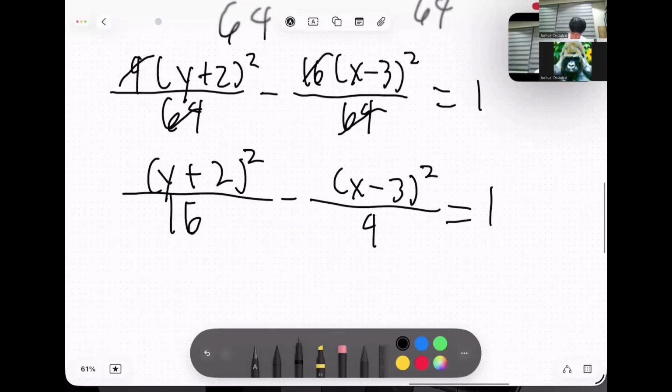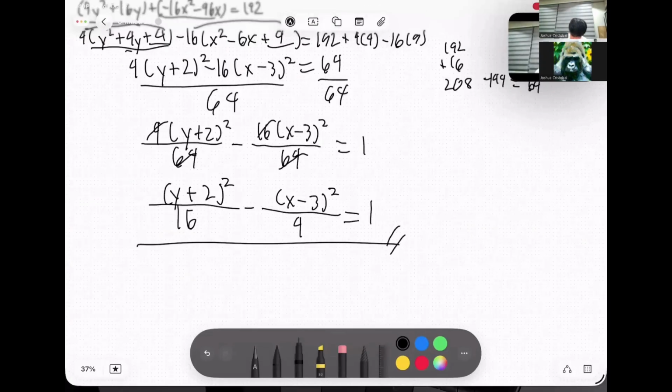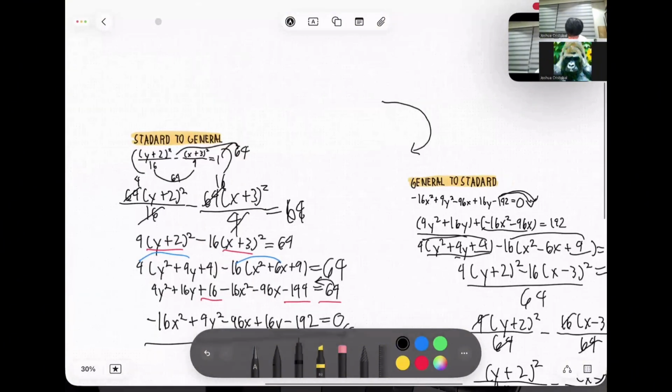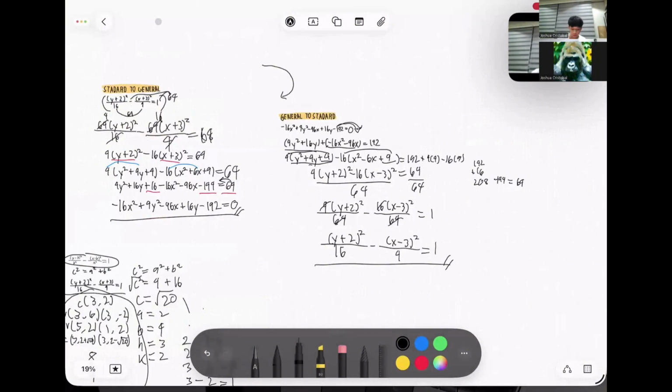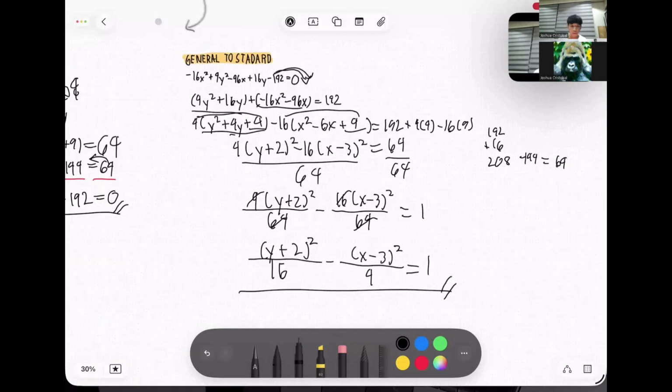And that's it. We now have the standard form. To double check, I'm just going to look at this again. See? Isn't that cool? That's how you turn a hyperbola from general to standard form.